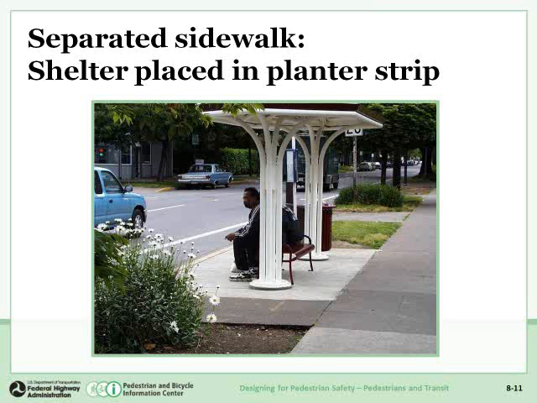Again, I want to emphasize that caution should be exercised when placing shelters in the furniture zone at intersections, because the shelters, or even people waiting in the shelters, may create sight distance obstructions for vehicles turning around corners.